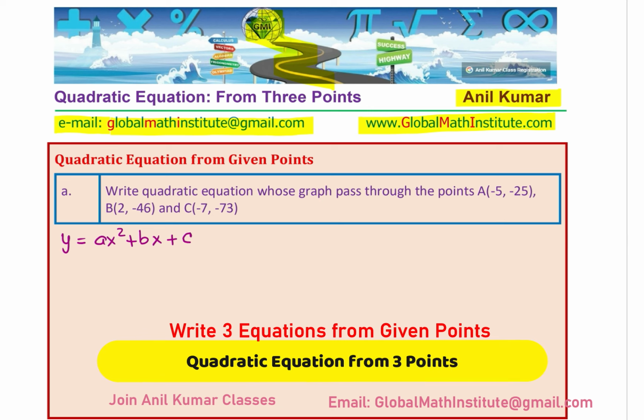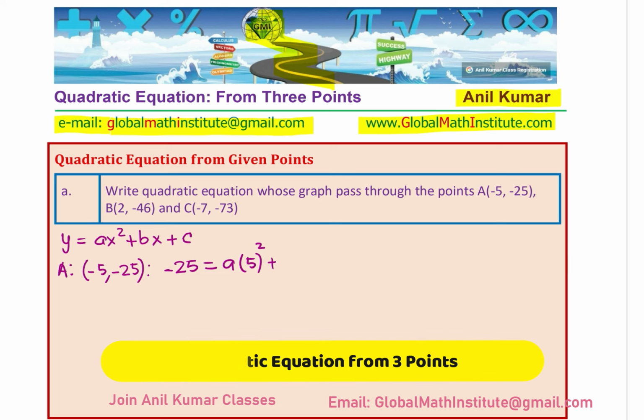Let's say point A, which is given to us as (-5, -25). Minus 25 is the y value, so -25 equals a times (-5) square plus b times (-5) plus c.